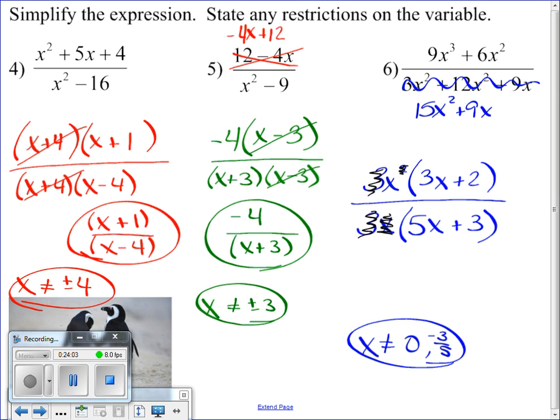Can I piece these out? Can I cancel this 3 with this 3? Are these held with plus and minus signs? Can't touch those. You either take the whole group or not any of it. That's it. So on the top we have an x and a 3x plus 2. On the bottom we have a 5x plus 3.